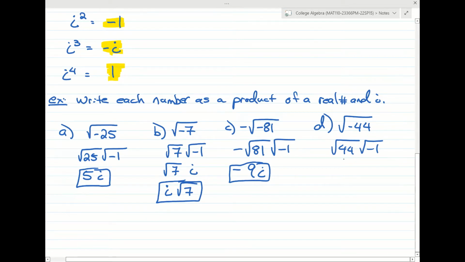So you could either write this as 2 times 22, which is 2 times 11, or think about the largest perfect square that goes into 44, which would be 4, right? No matter how you do this, this is like a problem we did on the last exam. You just have 2 square root of 11 times i, or 2i root 11.